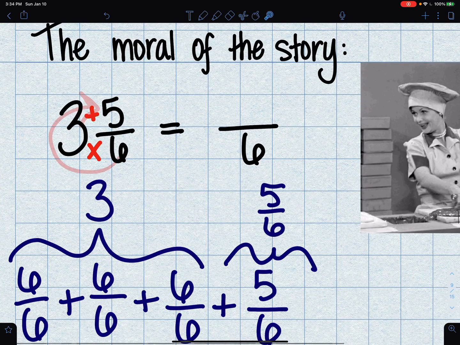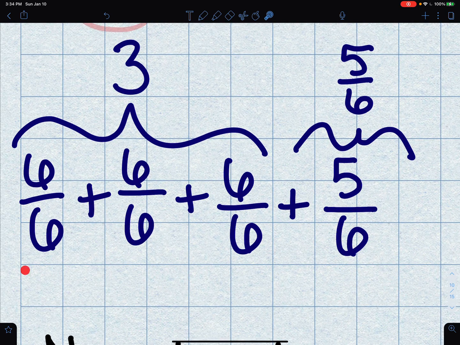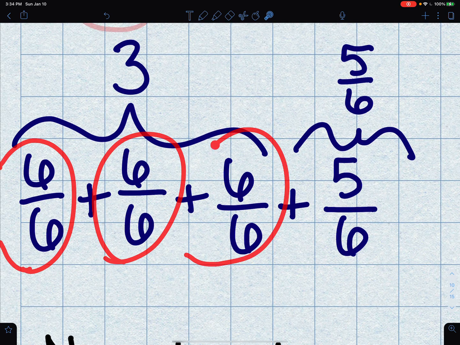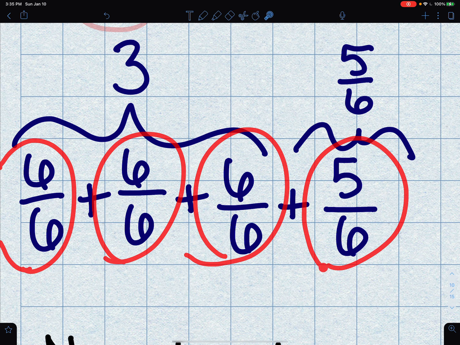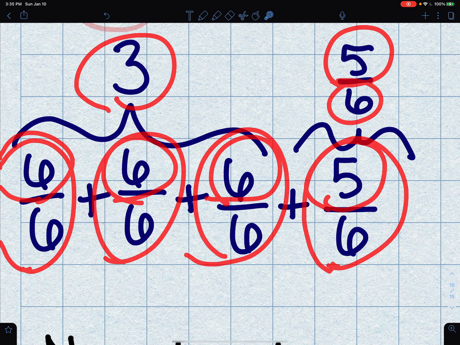Okay, I don't know if you get it, but just think about starting here and going around. You multiply and then you add. And this is why it makes sense, because 3 is the same as 1 plus 1 plus 1. And then you're adding another 5/6. So it's like 6 times 3, which is 1, 2, 3 sixes. And then you add that 5 at the end.